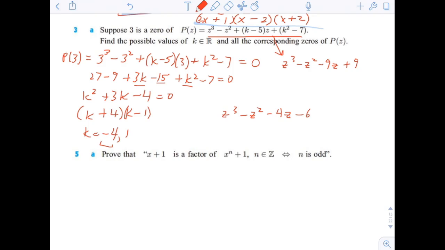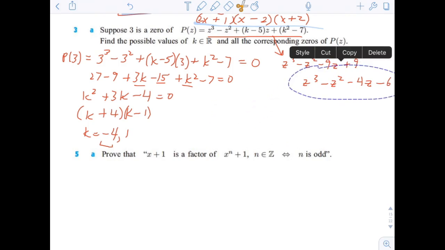Okay, and so all the possible, and all the corresponding zeros. Okay, and we know that one of the roots is 3. Let's do synthetic division on the first one.